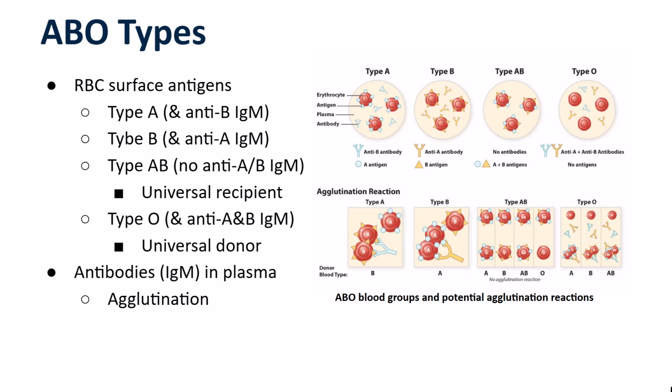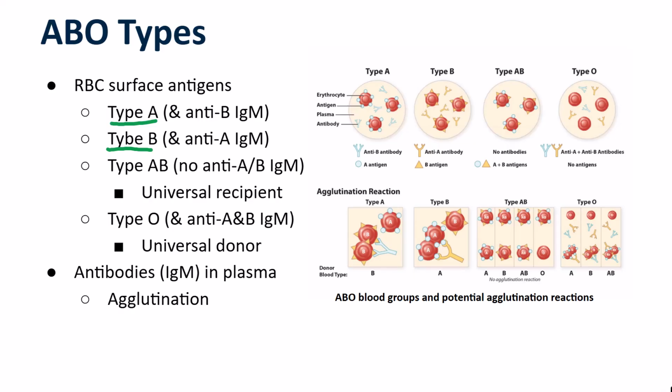The ABO blood group is named, or its subtypes are named by their surface antigens. Now, these are going to be glycosphingolipids, and so we say there is a type A antigen and a type B antigen.